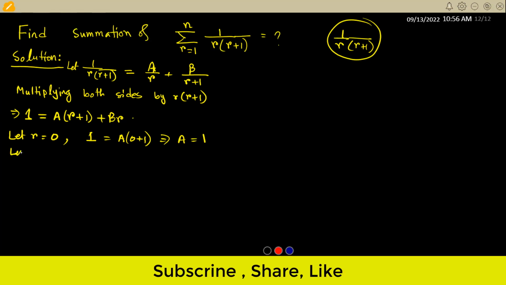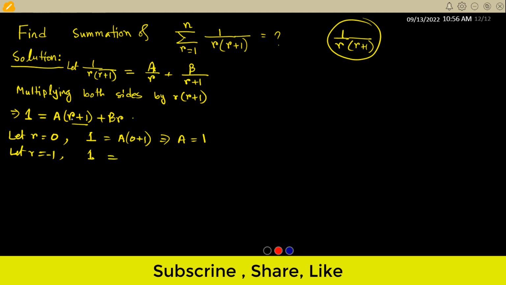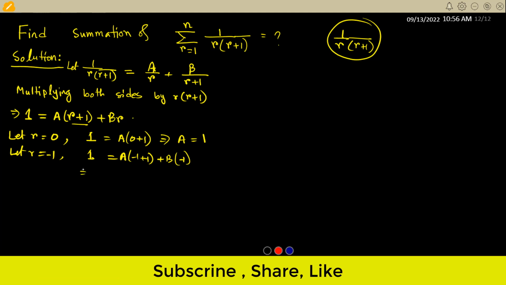Again, let r equal negative 1, such that this term is cancelled. So the left hand side will be 1 equals (negative 1 plus 1) plus b into negative 1. So 1 equals negative b, that means b equals negative 1.